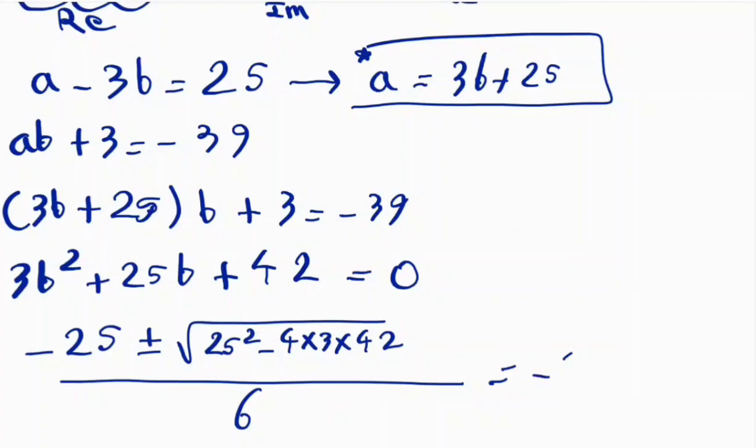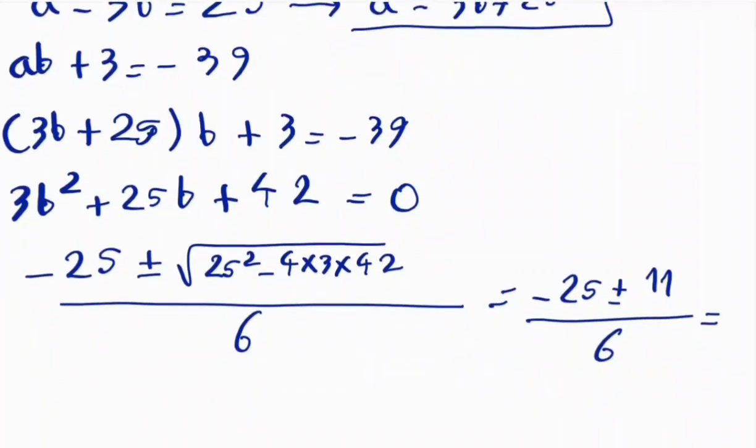So we have minus 25 plus or minus 11 divided by 6. So we are going to get two values for b.